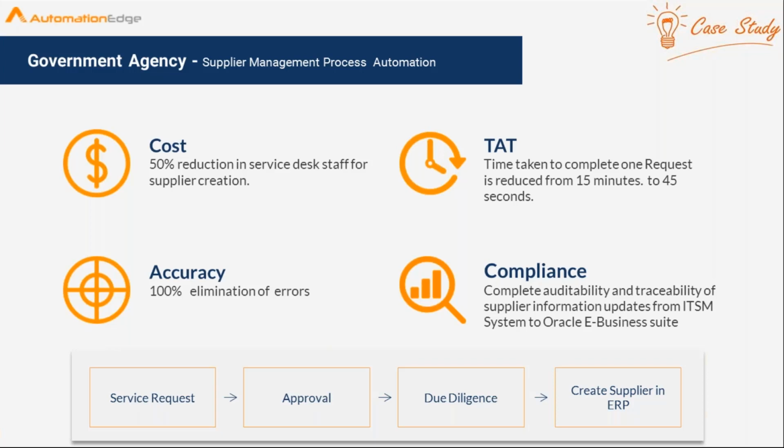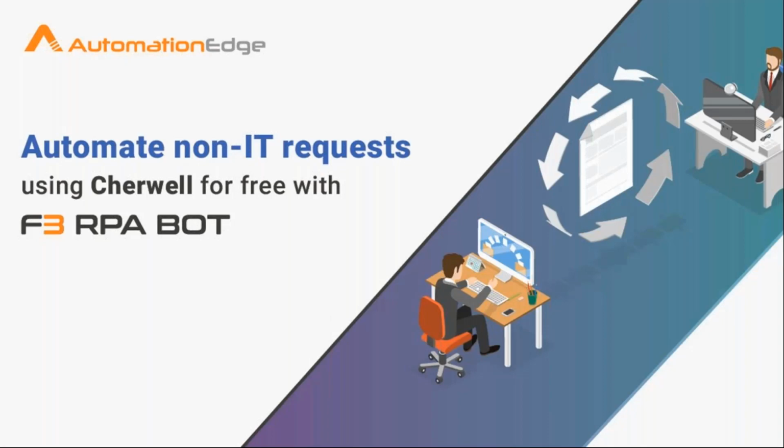There is approval within the Cherwell system or a service management system, and after that the software robots can go and do a due diligence, whatever the steps might be, to check if the supplier is to be really added into the system, and then go and enter that information into an ERP system like Oracle or SAP. So that's the more important benefit, compliance, apart from reducing the cost, improving the turnaround time, or increasing the accuracy.